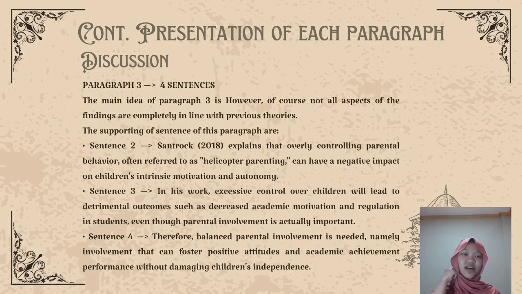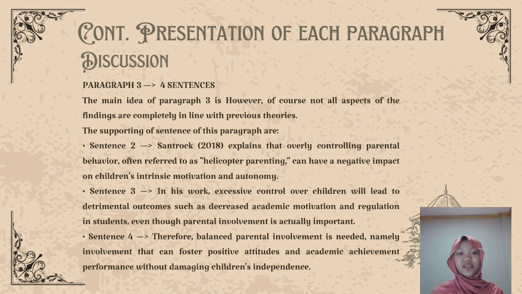And next is the third paragraph of the discussion. In paragraph 3, I have 4 sentences. The main idea of paragraph 3 is that, however, of course, not all aspects of the findings are completely in line with previous theories.